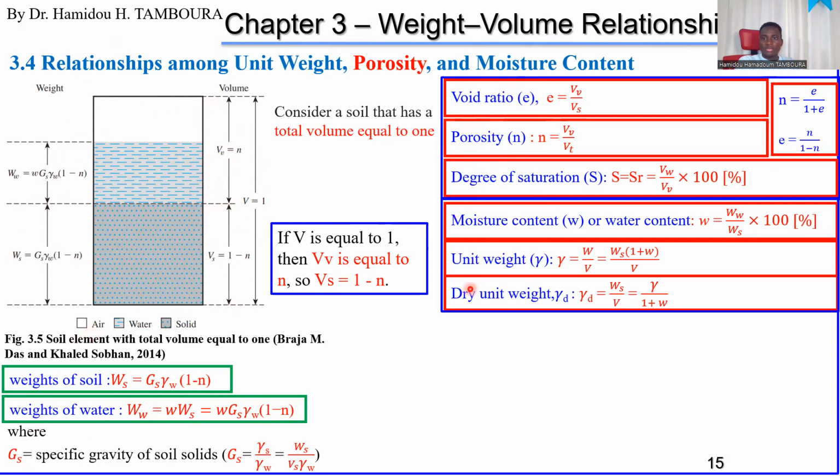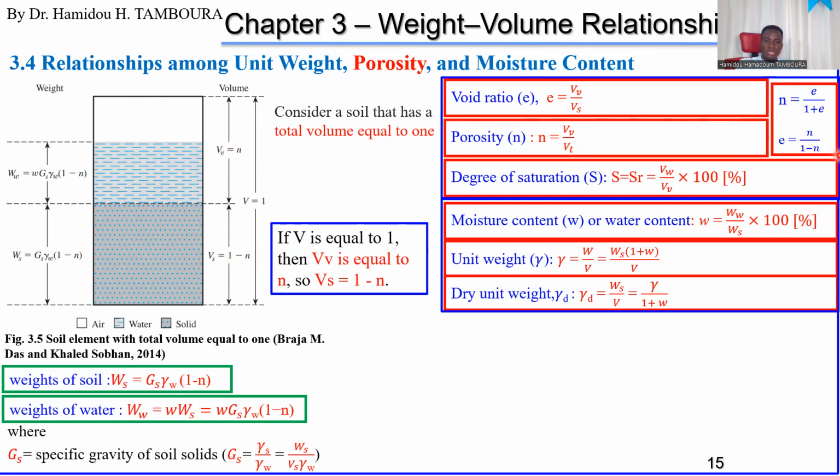First, the e. If you want, e is Vv, the volume of the void, divided by the volume of the solid. If you do that, you will obtain exactly this formula. You will see the volume of void will be n. The volume of solid will be 1 minus n. This is how it works.